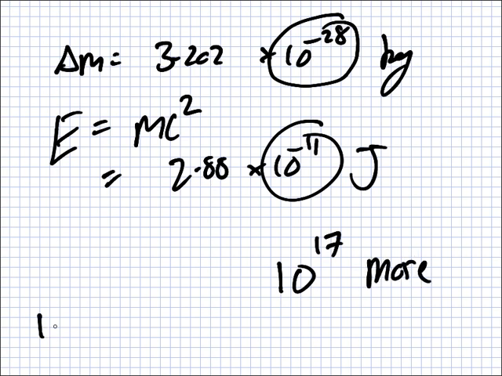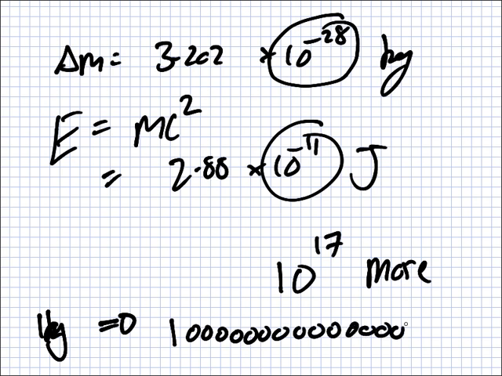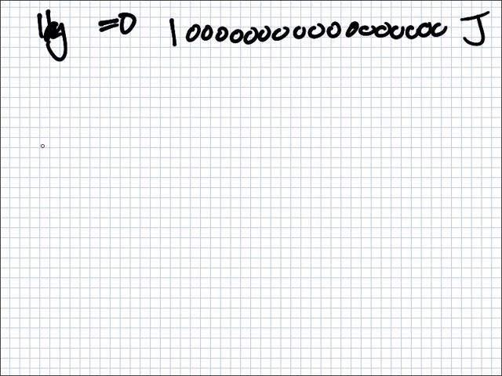It's like if I said 1 kilogram made 10 to the 17 joules. Do you know what I'm saying? It's not actually very small. It's actually very big compared to this. Yeah. Okay.